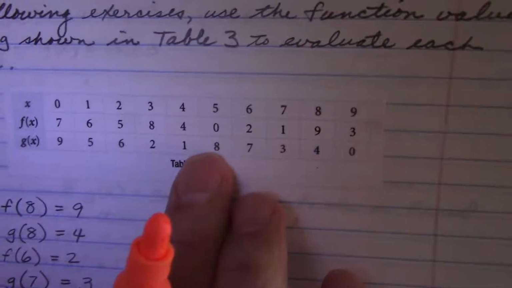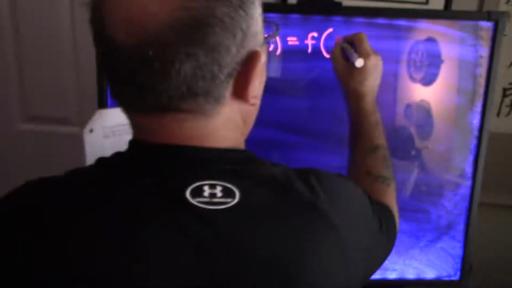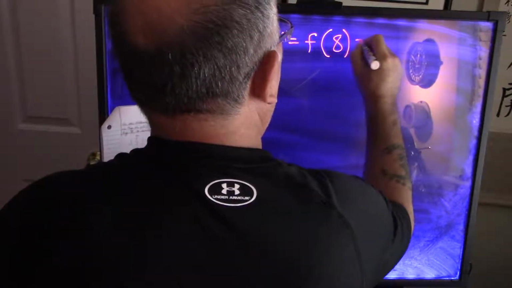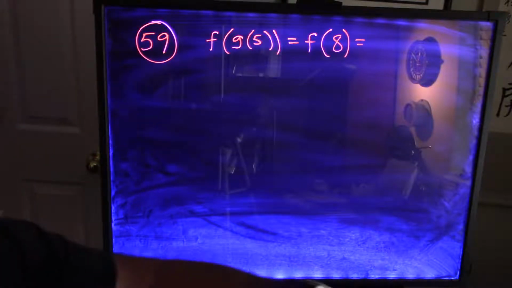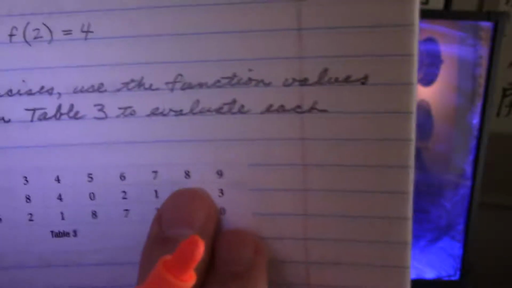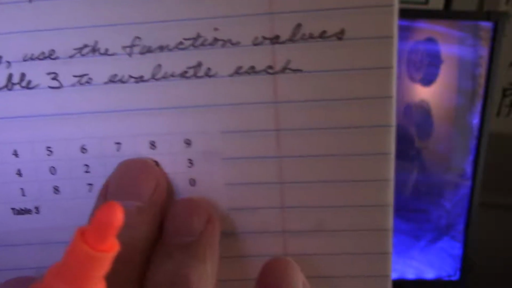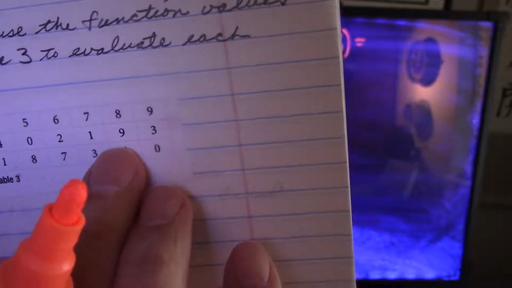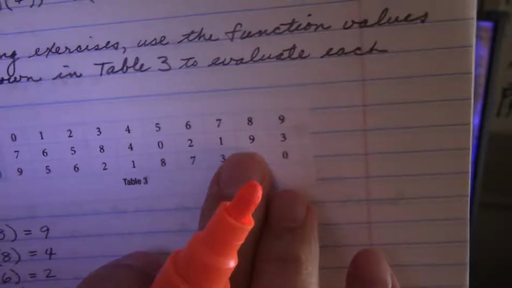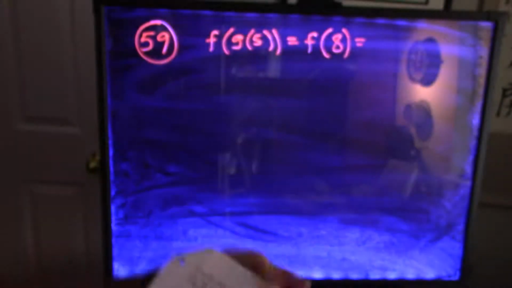Alright, so that's the value you use, is 8. So now we need f of 8. What's f of 8? So we look at our table, find the x value of 8, and then in the next row is the f value. That would be 9. Alright, so that's the value.